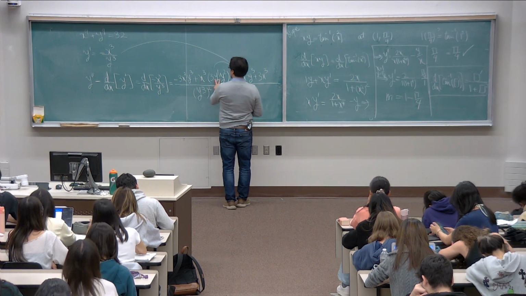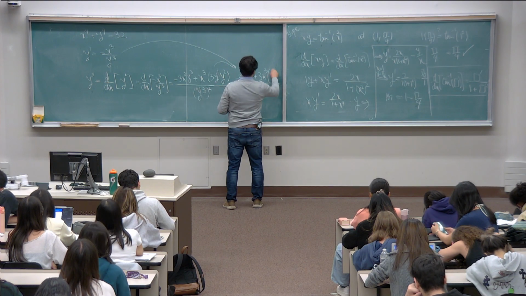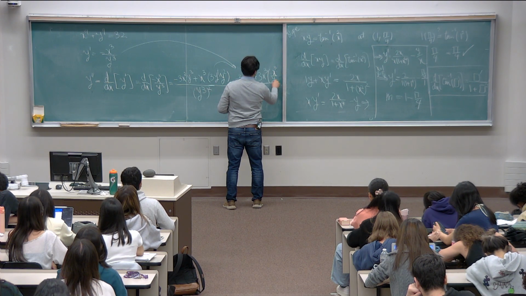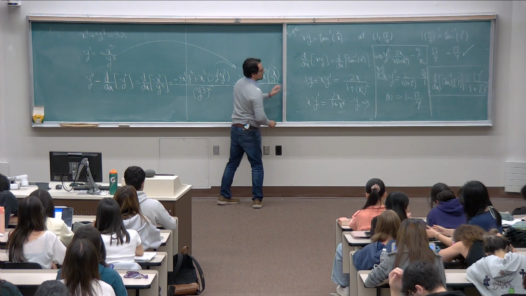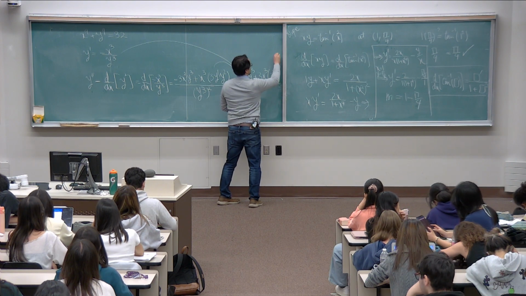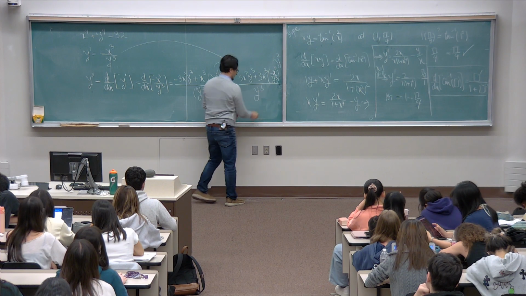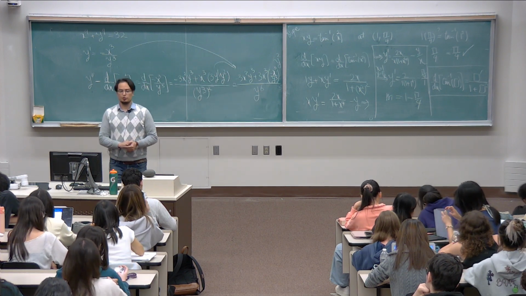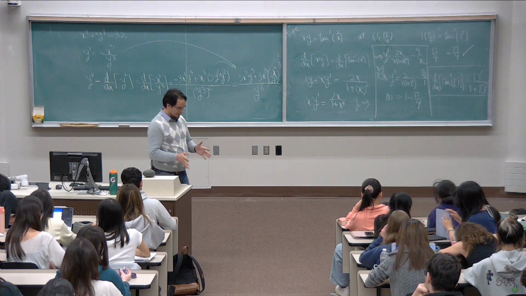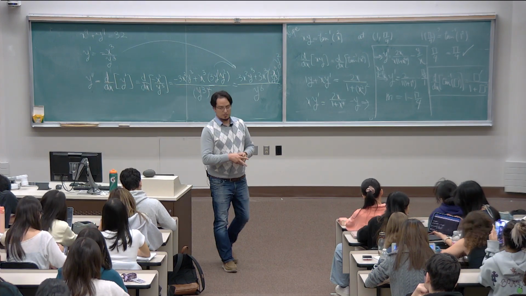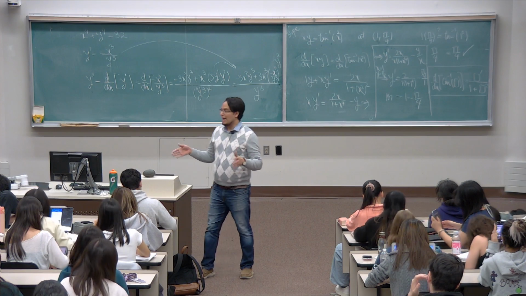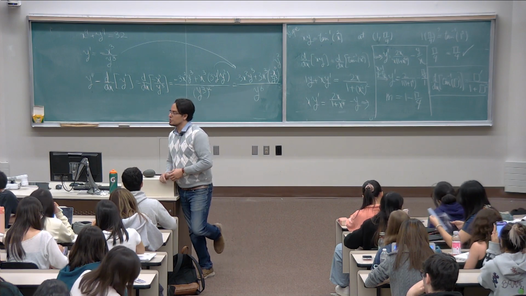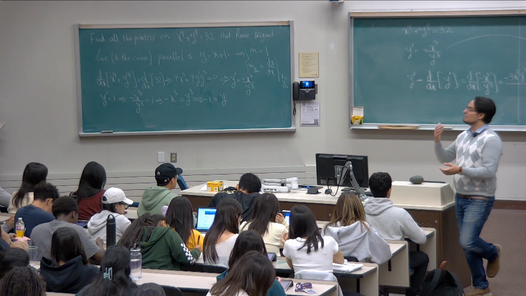Instead of y prime, I'm going to plug in negative x cubed over y cubed, times y squared. And that's the expected work from you: in implicit differentiation, no matter which order, at the end you should give me an expression in x and y.